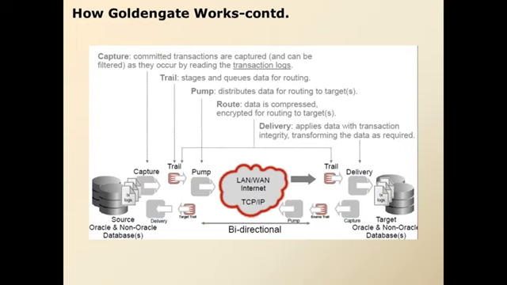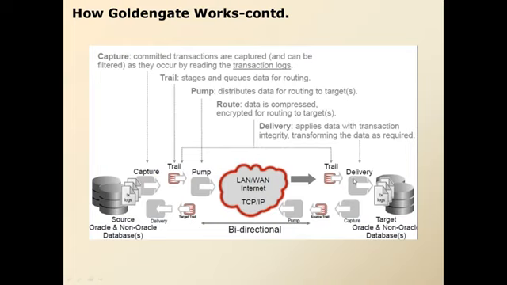So there are three processes. Again, I repeat: capture, pump and delivery. The capture process source is the transaction logs of the database. The pump process source is your local trail.